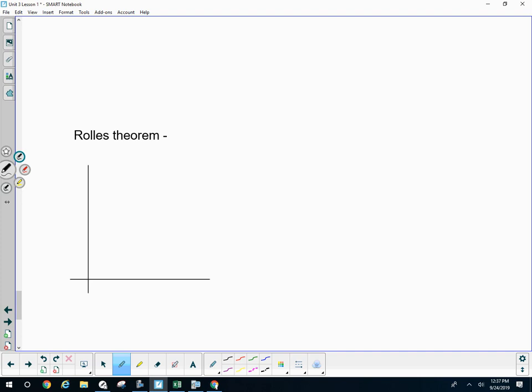Now, we have another theorem called Rolle's theorem. It is an extension of the mean value theorem. It just has to deal with your 2 points having the same y. So say I got a point here and a point here.